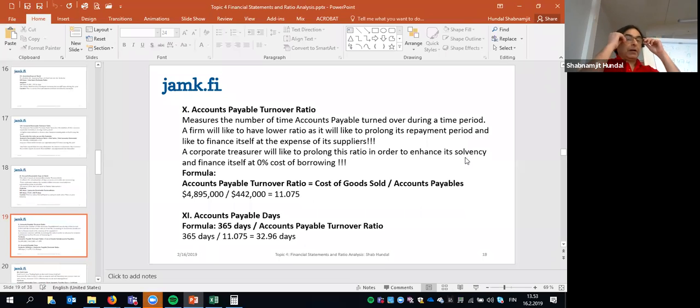The next one is the accounts payable ratio. Now, accounts payable, the word is payable. So do you think it's an asset or a liability? Accounts payable. It's a liability. I sold goods to Jaskaran, right?